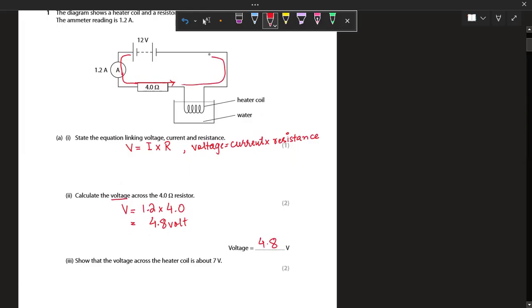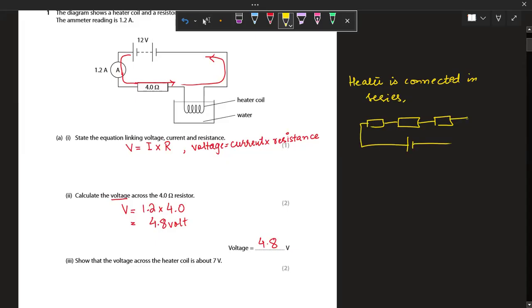So in series, remember voltage always divides, right? Let me give you a very simple example.